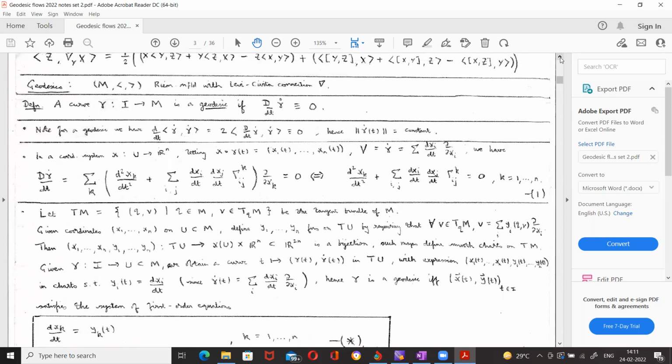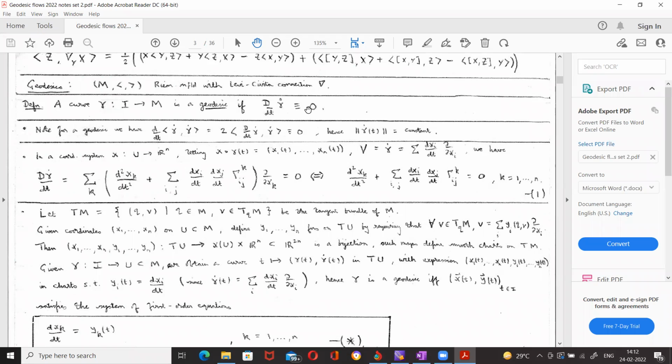A connection gives us a notion of covariant differentiation along curves. If I have a smooth curve gamma, then gamma dot, the tangent vector, defines a vector field along the curve gamma. We say that gamma is a geodesic if the covariant derivative of gamma dot is 0. Okay, so capital D dt of gamma dot is 0.